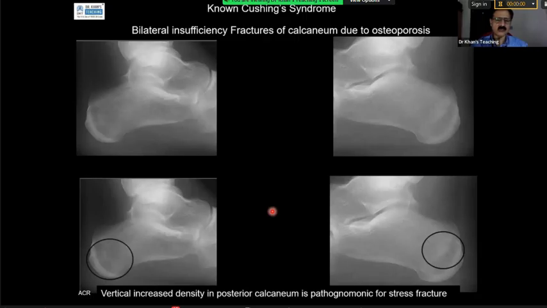This insufficiency fracture I wanted to show you because it is in rapid reporting films also. So when there is sclerosis here, particularly perpendicularly oriented sclerosis, this is considered quite pathognomonic of an insufficiency fracture, particularly in the context of heel pain.